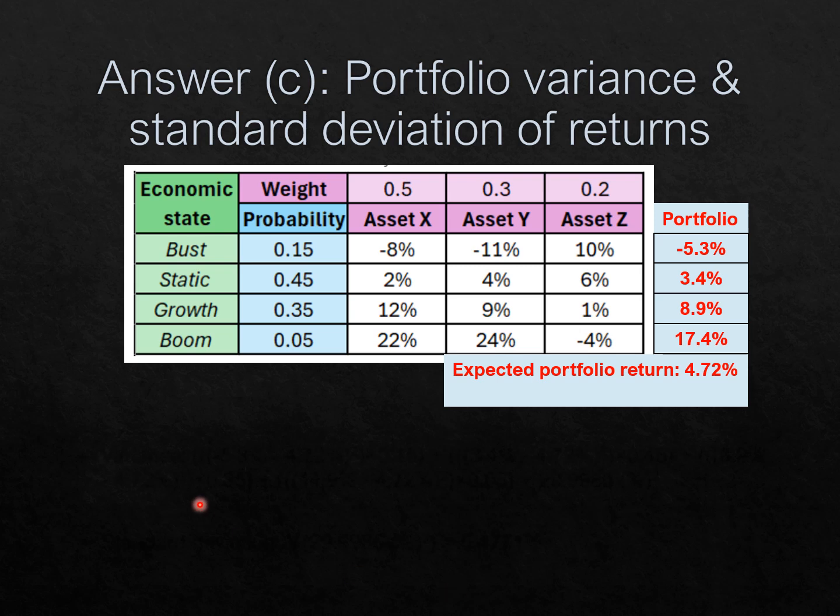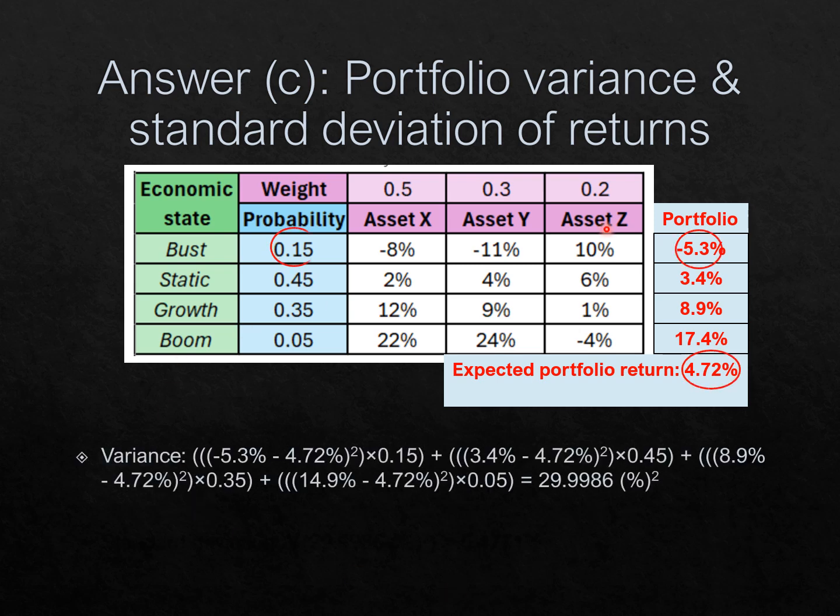Now the portfolio variance is calculated this way. We take negative 5.3 minus the expected return. This is the first possible return, minus the expected return 4.72. You square that, then you multiply with the probability of the first condition, which is bust, 0.15. You repeat the same for the other conditions. 3.4, the possible return under static, minus 4.72, the expected return.